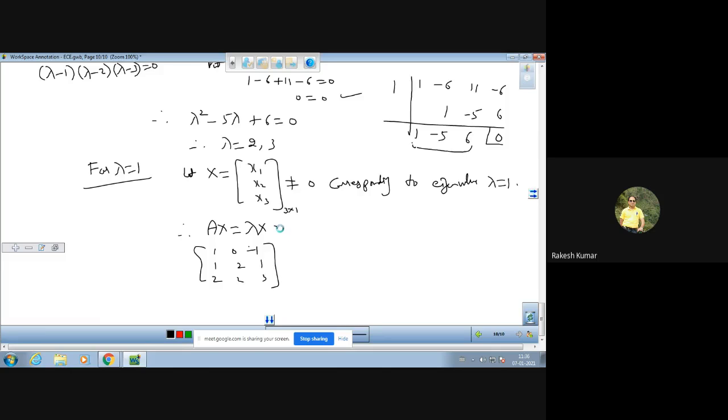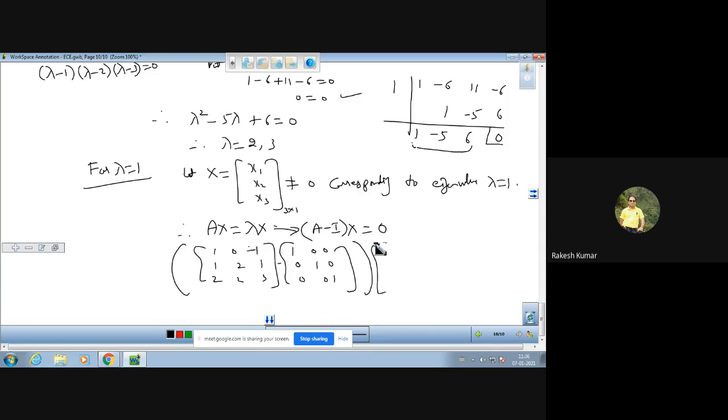बिकॉज यहाँ से हम लोग ऐसे भी कर सकते हैं, इसको ऐसे दोबारा से लिख लें, lambda की वैल्यू 1 है, so A minus I into x is null matrix, and x matrix, negative sign. This is 1 0 0, 0 1 0, 0 0 1.